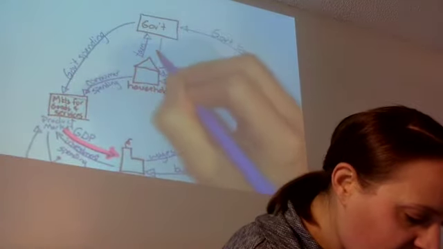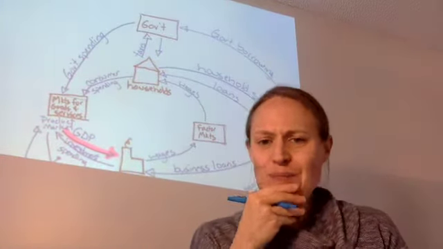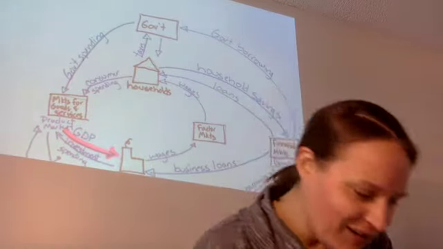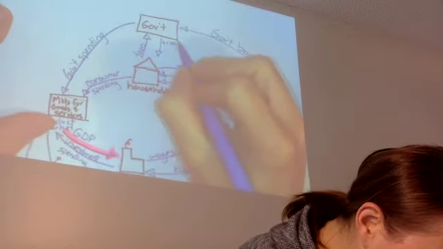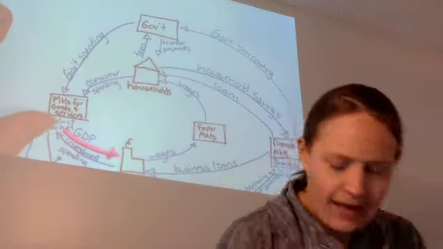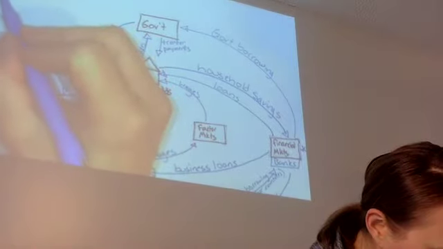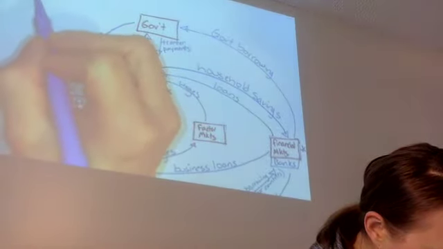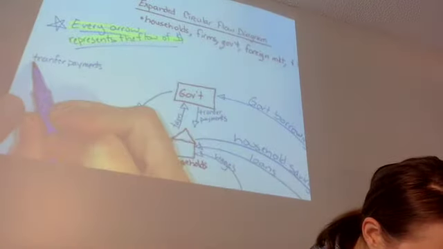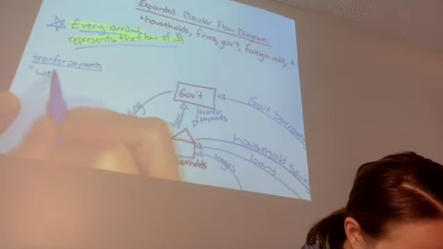And then government sends money back to us. When does the government send people money? The answer is called transfer payments. And let's define transfer payments somewhere on here. Transfer payments. That is what we kind of refer to as welfare.